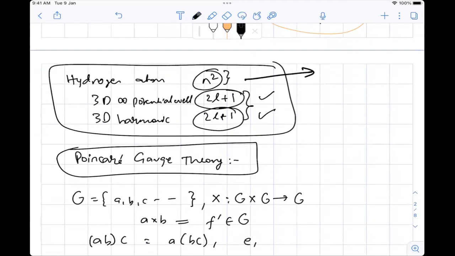If you go to the spherical polar coordinate system in 3D, the infinite potential well has 2L plus 1, and the 3D harmonic oscillator has 2L plus 1. It is because these systems have SO3 symmetry, but the hydrogen atom has SO4 symmetry as well. Although it has SO3, it has SO4 symmetry as well. That's why it is more degenerate as compared to these two cases.